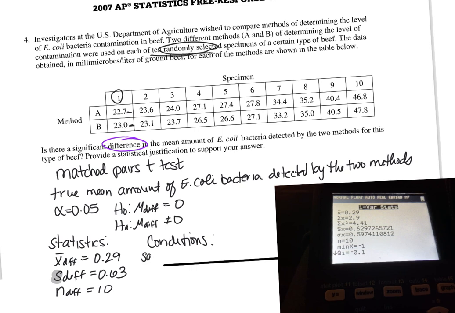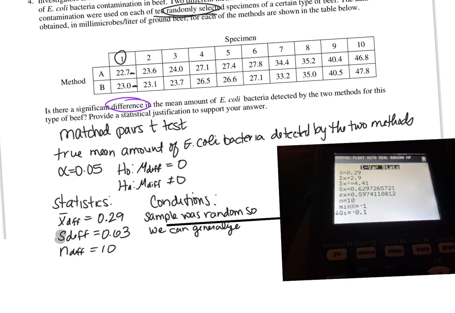So the sample was random, so we can generalize. Ten is less than 10% of all pieces of beef, so we can sample without replacement.